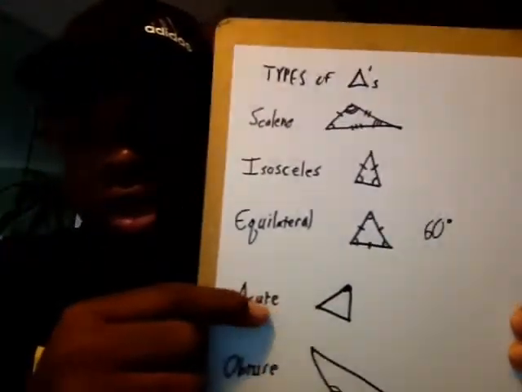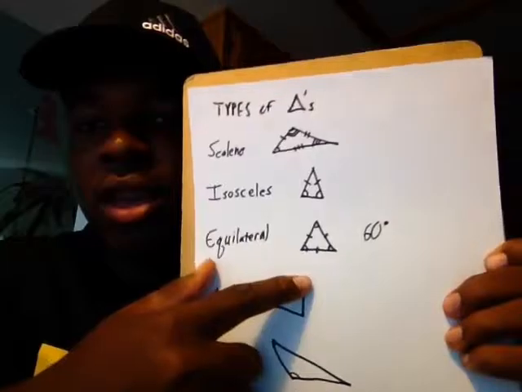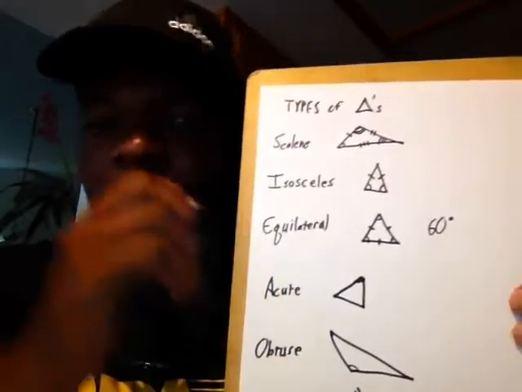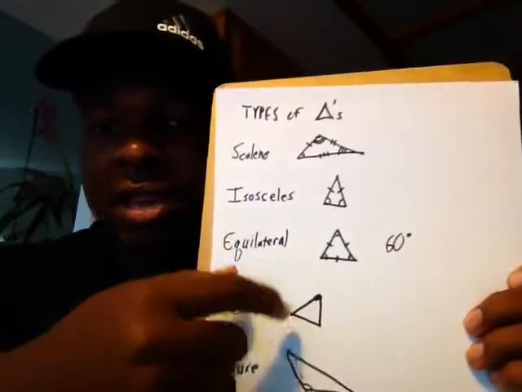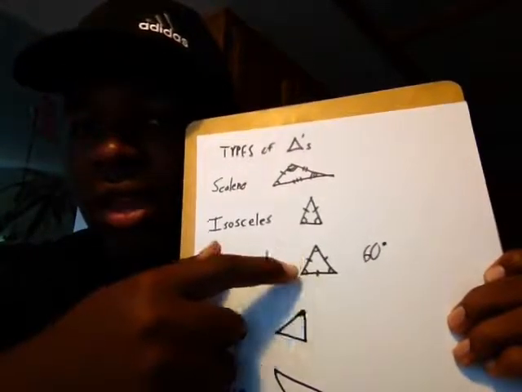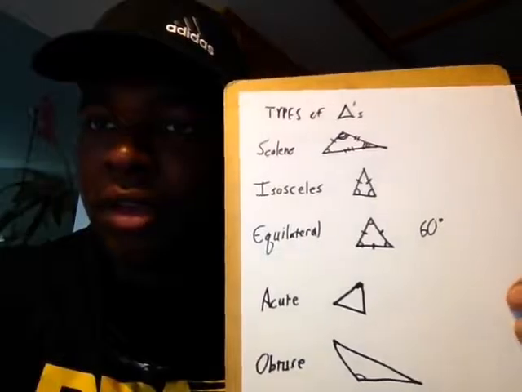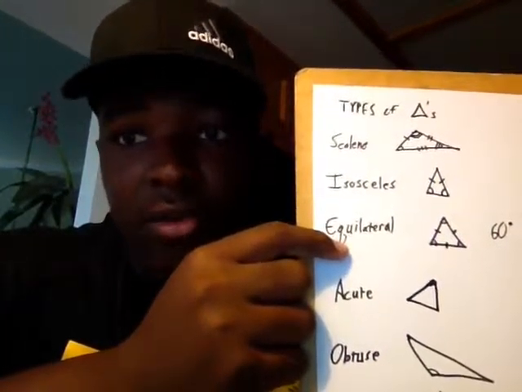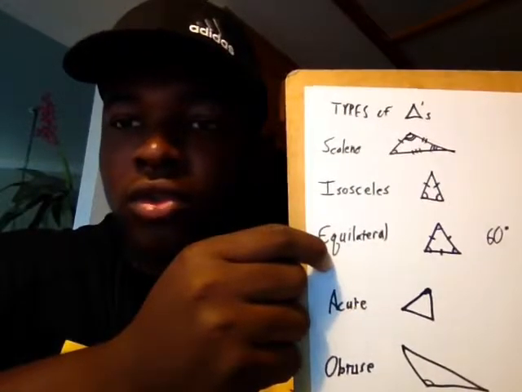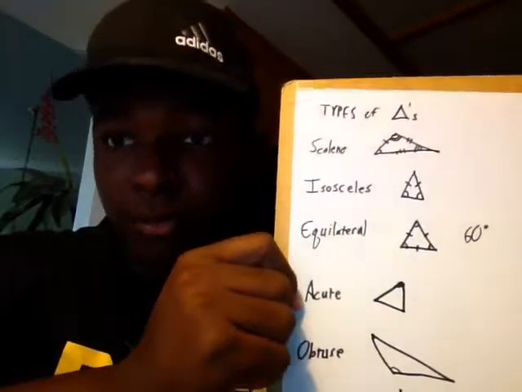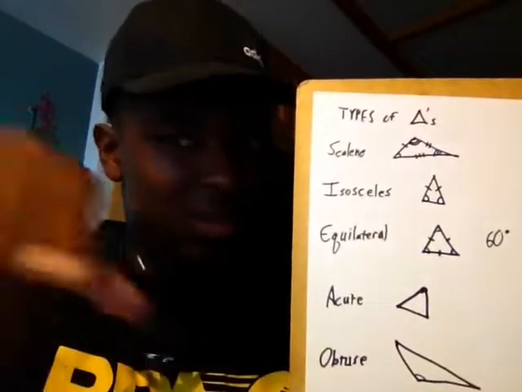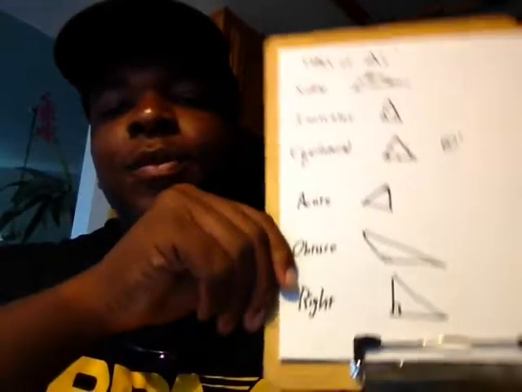So, an acute triangle. That means all the angles are acute. That means they're less than 90 degrees. An acute triangle is not necessarily an equilateral triangle, but an equilateral triangle is an acute triangle. If you didn't understand that, rewind the video back, listen to it again until it makes sense.